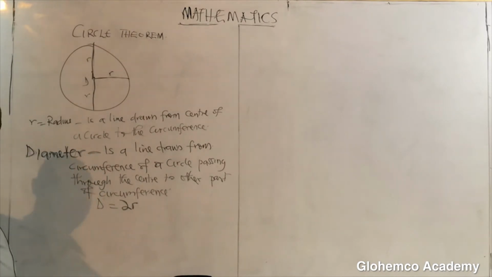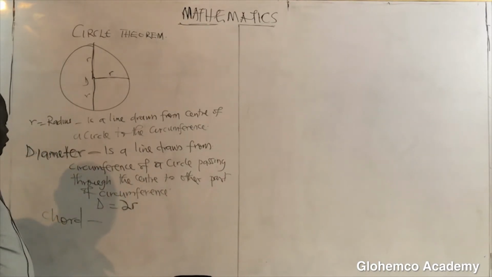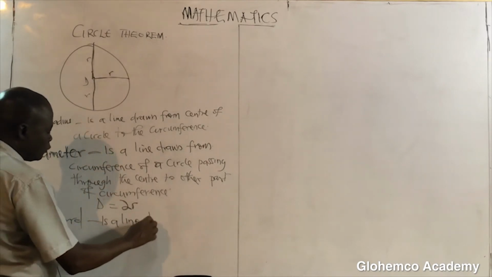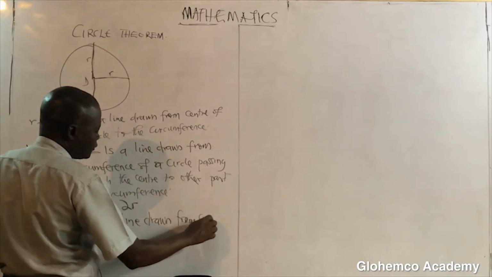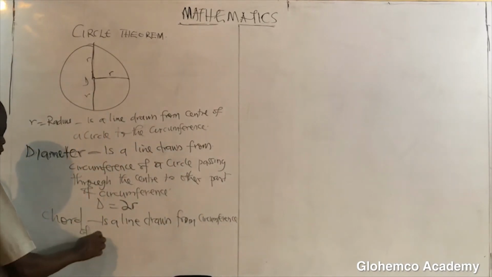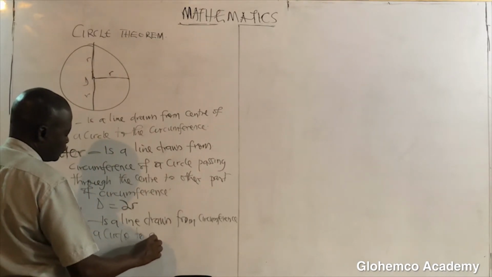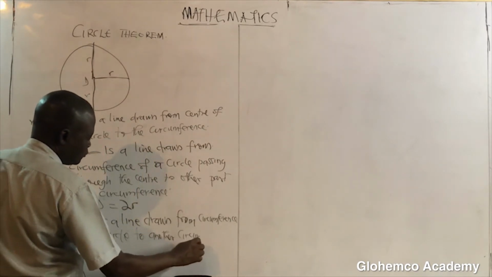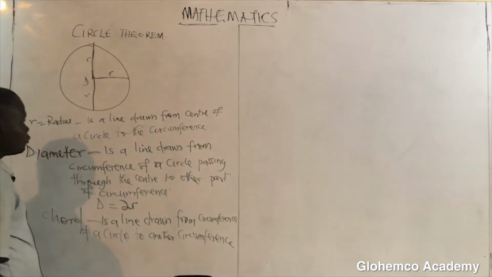Apart from that, we still have what we call chord in the circle. What is a chord? A chord is also a line drawn from circumference of a circle to another circumference, but this time around it will not pass through the center.